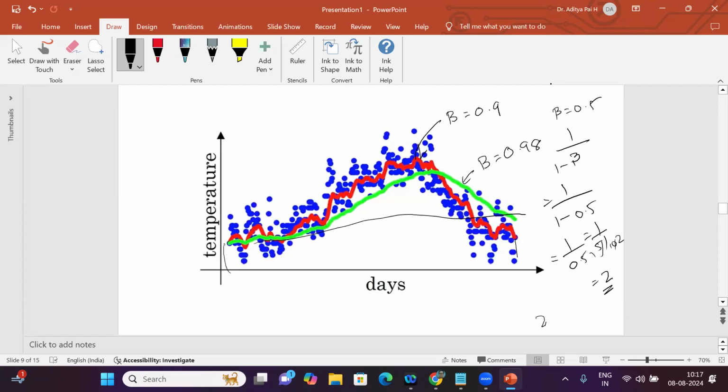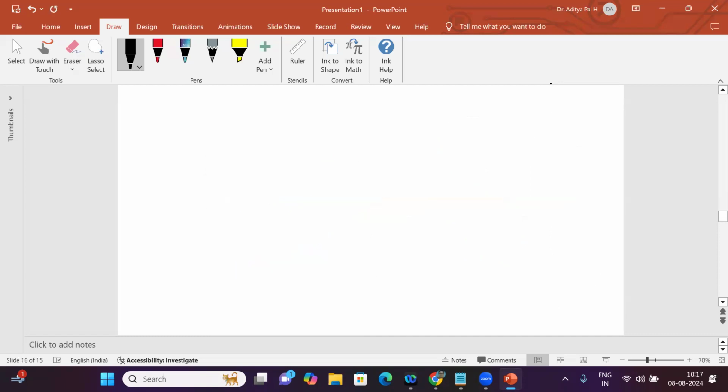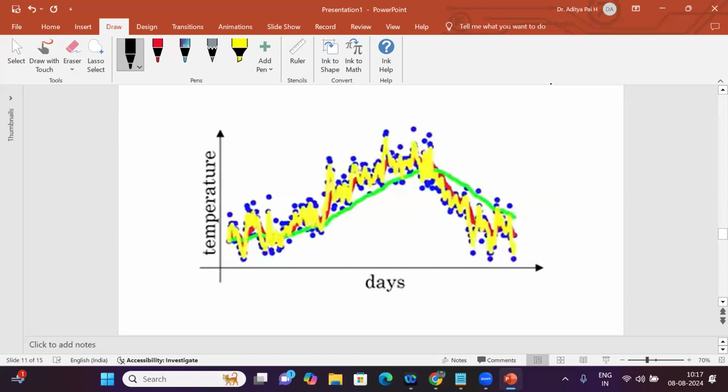So it is the 2 days temperature. When I'm saying 2 days temperature and you plot this, we get a yellow graph. So this is for the 2 days.